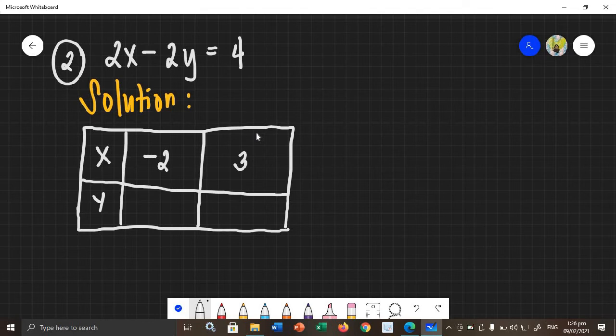So yun lang, pero any number is pwede. Kasi kahit ano pwede mong i-assign sa x coordinate kasi the illustration of the graph is just the same. Same lang ang makukuha nyo. The only difference that iba yung points, of course, na pinag-connect nyo. Pero they are just the same. Yung direction, same lang.